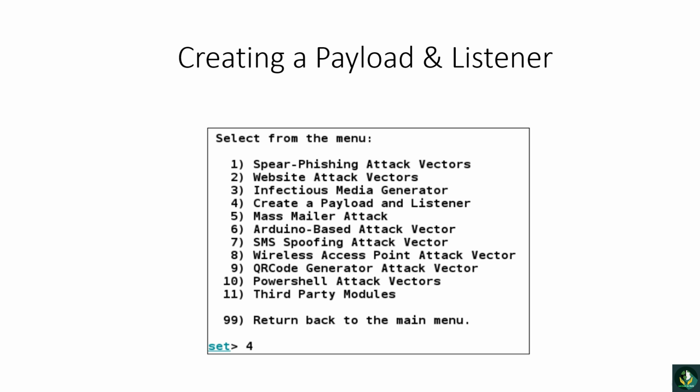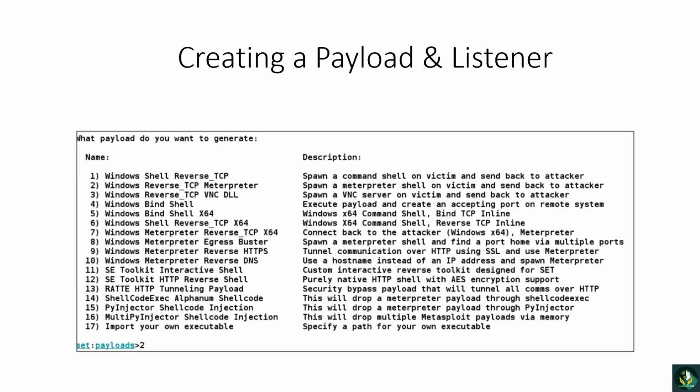So from the main menu of SET, we will select the fourth option, which is create a payload and listener. So after this step, SET will list different payloads for the selection of the appropriate one. Then we will select the appropriate one to use, as shown in this screenshot.